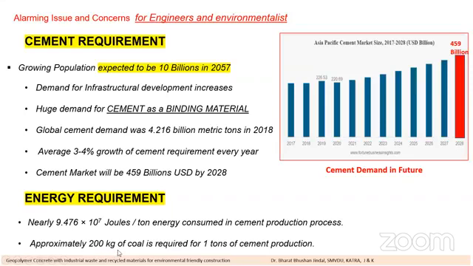And approximately 200 kg of coal is required for 1 ton of cement production. We know that coal is depleting day by day and we are unable to manufacture coal. It's a natural resource. So with the increasing demand of cement, we are depleting natural resources, that means power resources, coal.